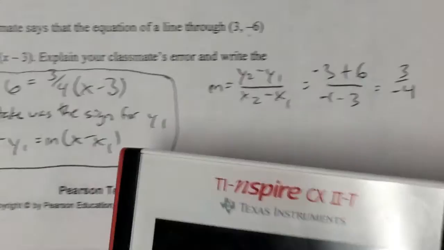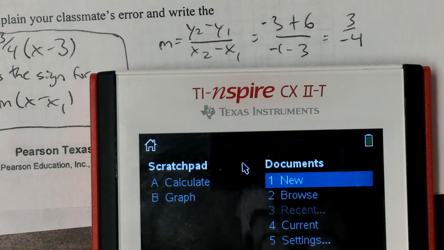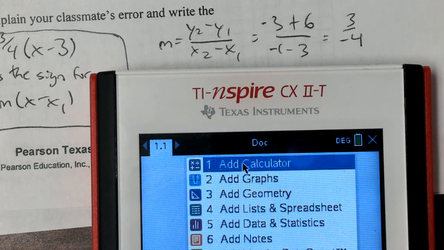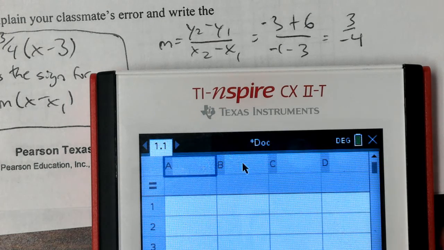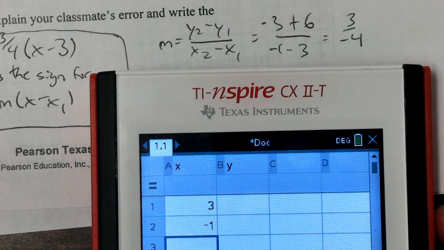Let's just double check the way I taught y'all before. If we do a new document, add list, and put X here and Y here, then we'll put 3 and -1. Those are my X's, and -6 and -3 for my Y's.